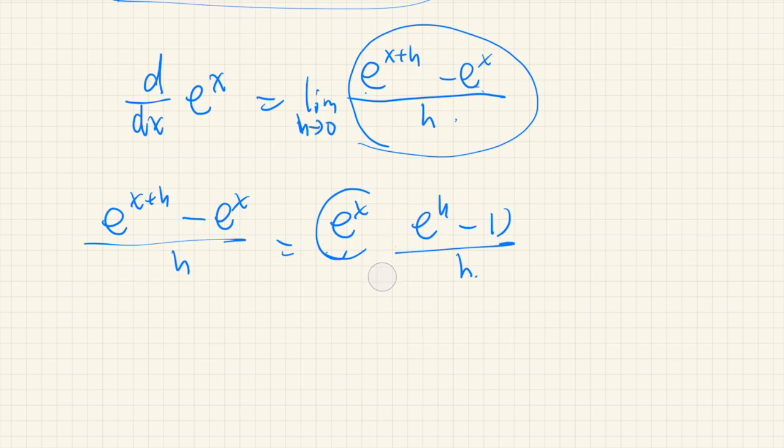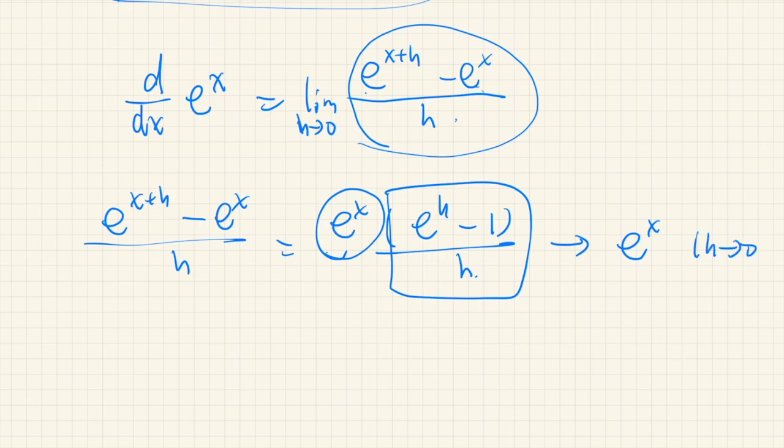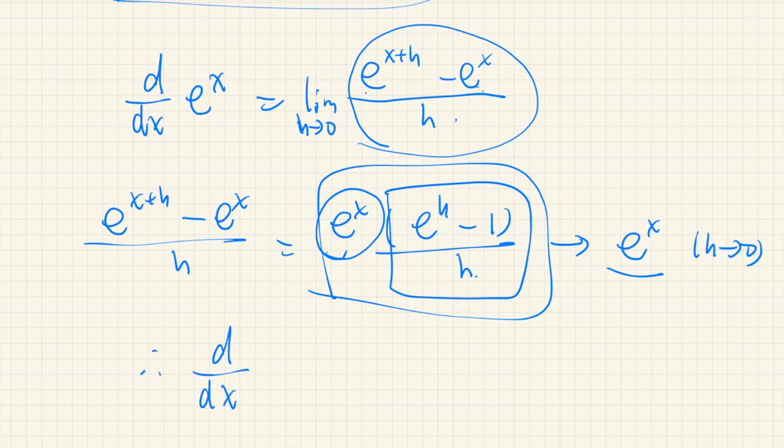Now recall that this converges to 1 as h goes to 0, so the limit becomes e to the power of x. Therefore, the derivative of the exponential function is the exponential function itself. So it doesn't change by differentiation.